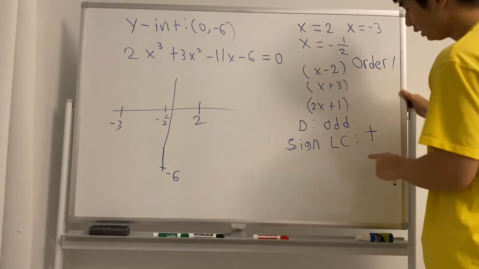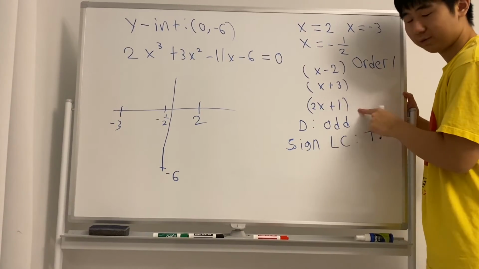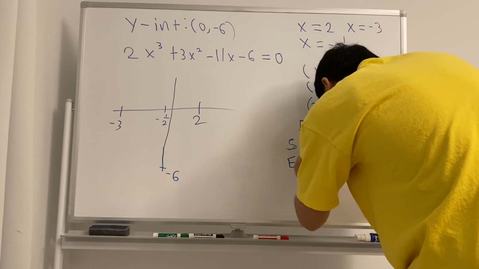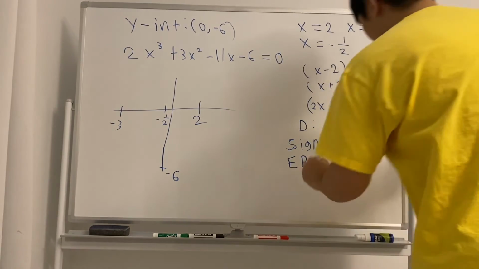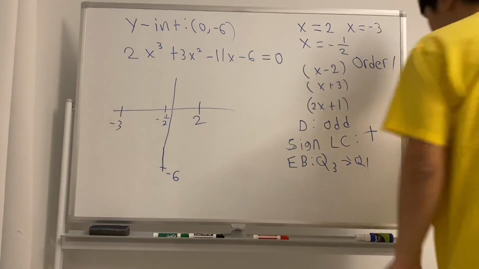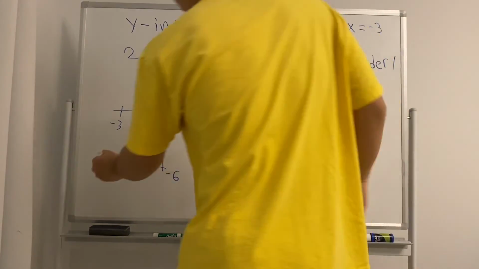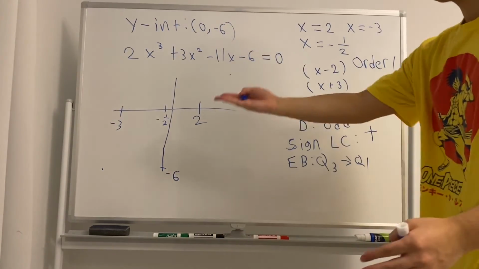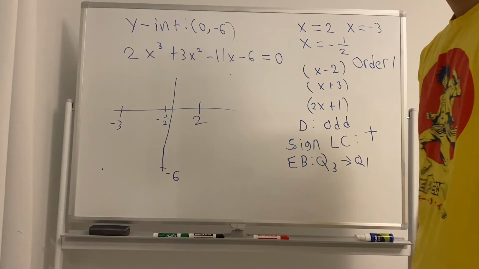Since the sign is positive and the degree is odd, we know the end behavior: the polynomial is going to start in quadrant 3, and it's going to end in quadrant 1. So it's going to start somewhere here and it's going to end here.